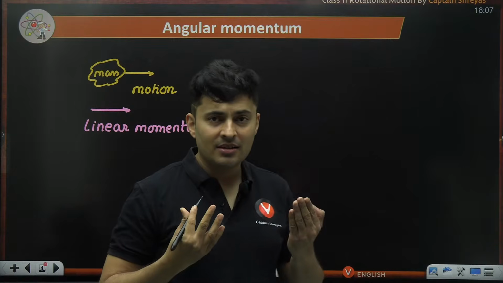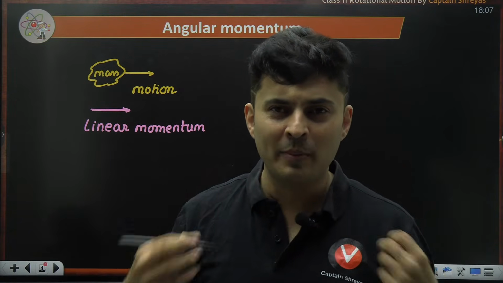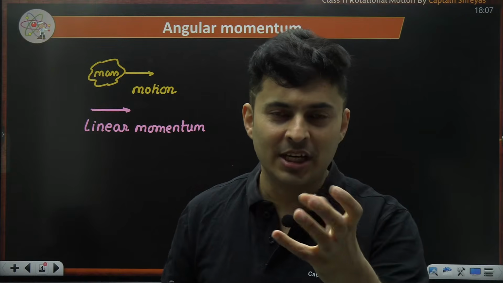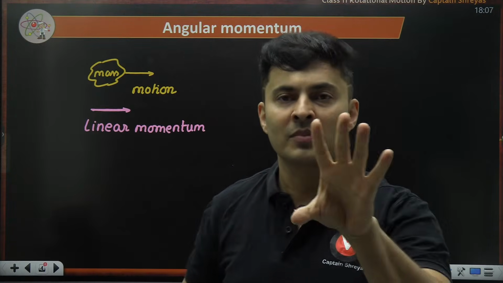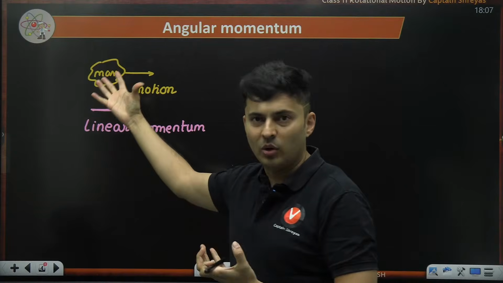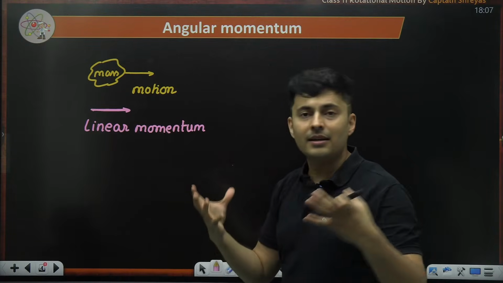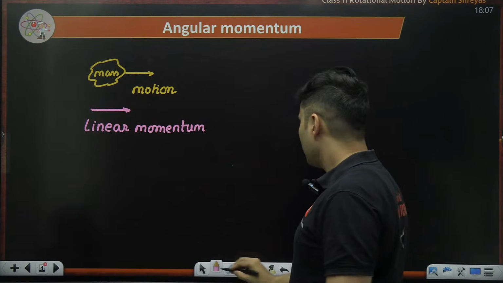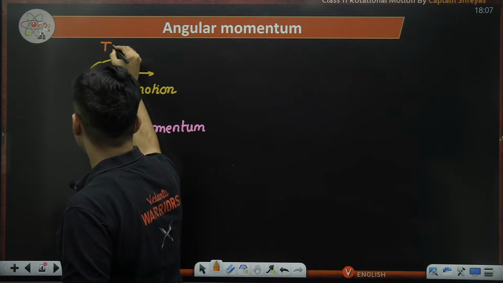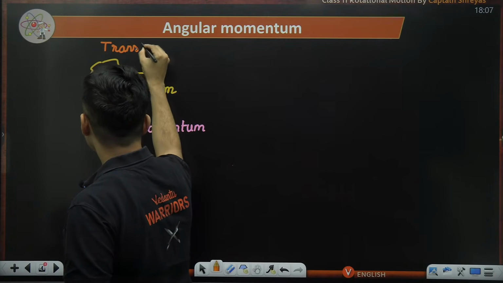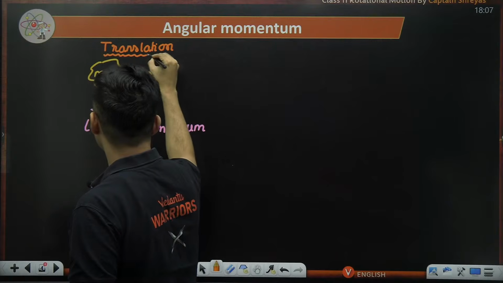You are doing something, let's say you're studying, you keep studying every day, you build that momentum, right? You, as a subject, as an object, doing an activity builds momentum. Same way, this mass as a body doing this action of motion builds linear momentum. This is basically the concept in translational motion.